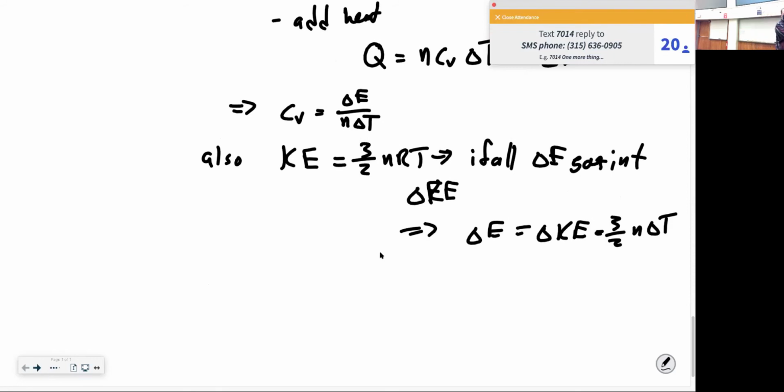This is where the monatomic is important, because if that energy is going into vibrational and rotational states, that first equal sign won't be there. Some of that energy will be going into something else.